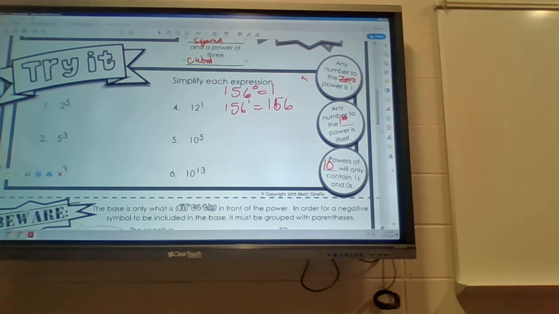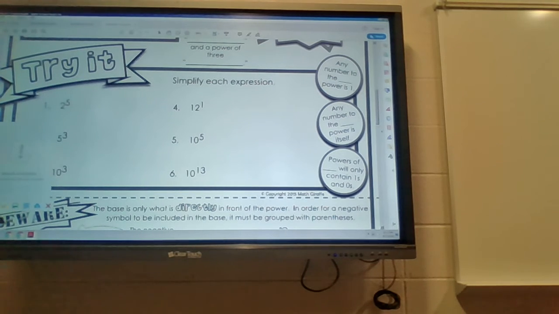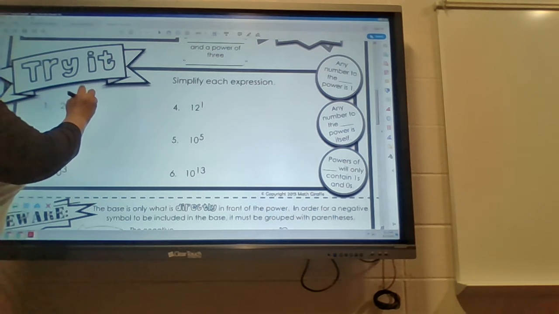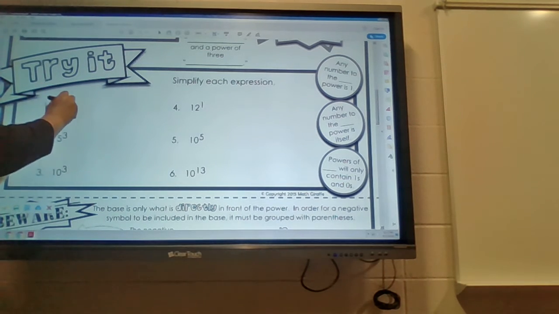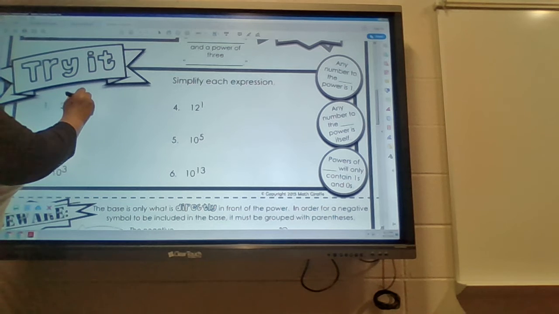Okay. So let's simplify a few expressions here. All righty. So 2 to the 5th power is 2 times 2. Wait a minute, because we're in 6th grade, so we're not doing those anymore.